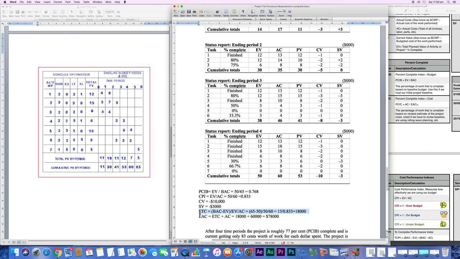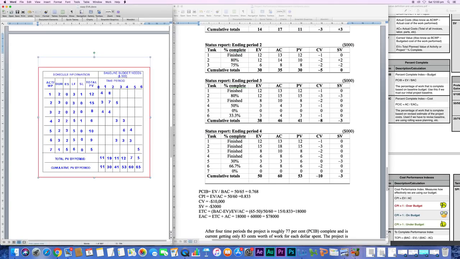Use the formulas to calculate if we continue this way, how much money do we still have to pay to complete the project? So that's estimated to complete. We know how much we spent so far. We spent 60,000. Our budget is 65,000. We read it from here, remember? Okay, but we're not doing well in terms of cost and schedule. So we can calculate, if we continue this way, we will still have to pay how much?